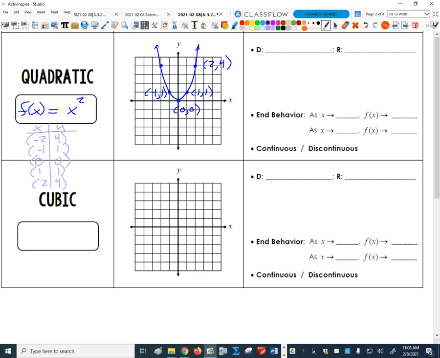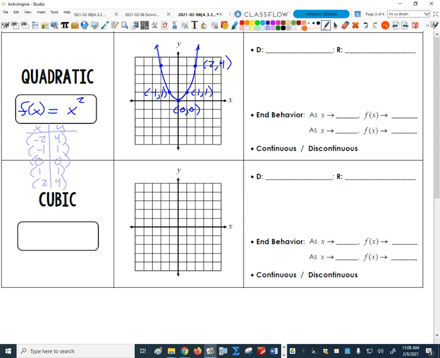What's the domain here? What's the set of all possible x values the ant could stand on? Yeah, it's all reals, right? There's no limit to the x coordinates the ant could stand on. If he goes far enough along this function to the right, he could go infinitely far.